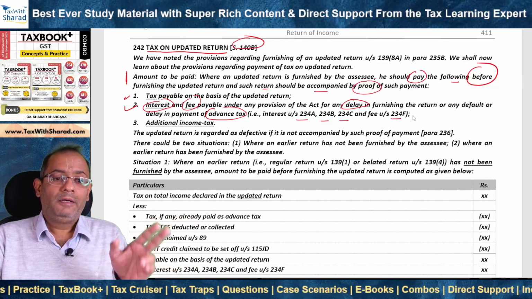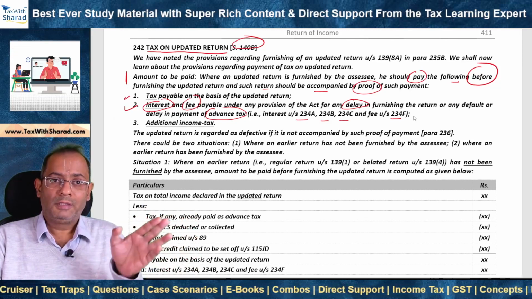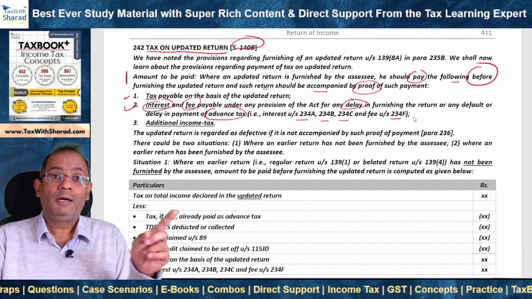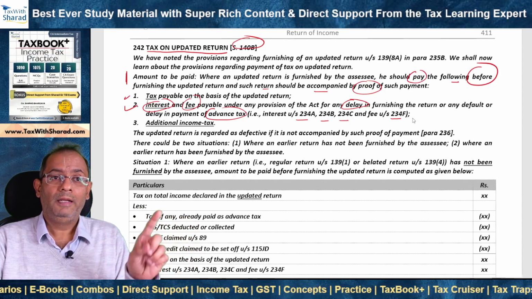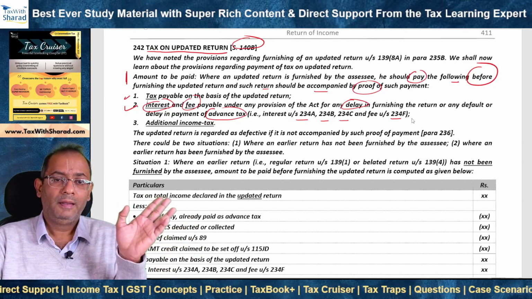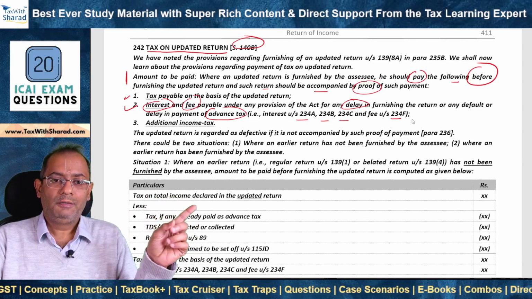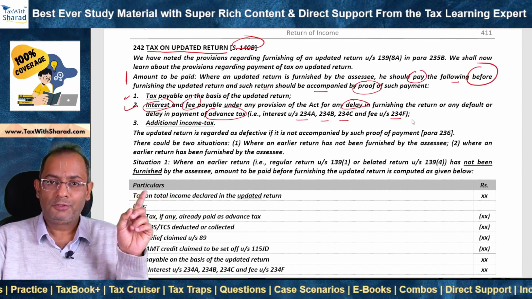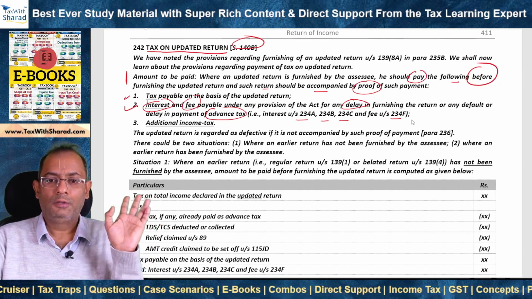And since the updated return will be furnished after 31st of December of that assessment year, that means after the last date which is available as per the current provisions for filing a belated return or a revised return, there will be a delay, right? That there will be a delay beyond the due date mentioned under section 139(1), which is either 31st of July or 31st of October or 30th of November.